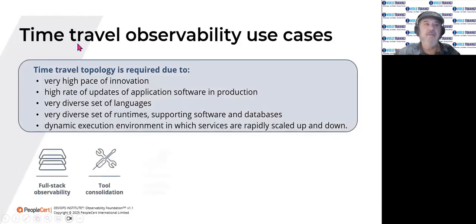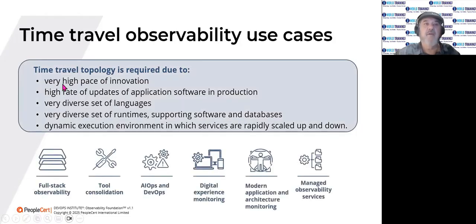There are various use cases: a very high pace of innovation. As changes are made to releases, the capabilities of a topology and the nodes will help you keep up with that. A high rate of updates of application software in production. A very diverse set of languages, so you need to be able to look across a distributed system that is composed of multiple components that have different languages.